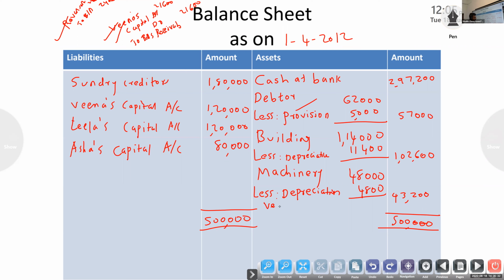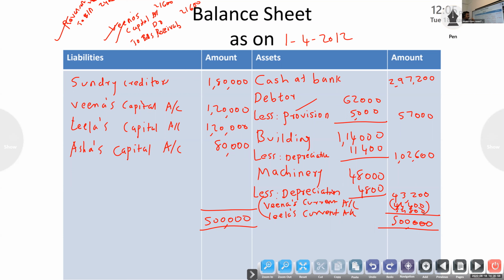Suppose Veena's current account, it will come on the same side, 44,400. Then Leela's current account, 52,800. Okay, understand?